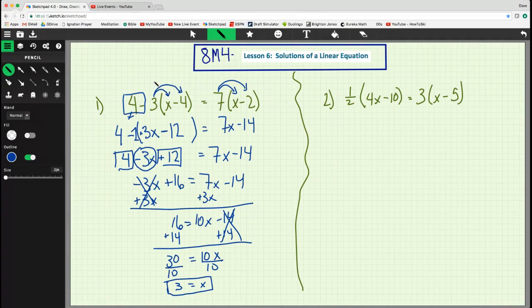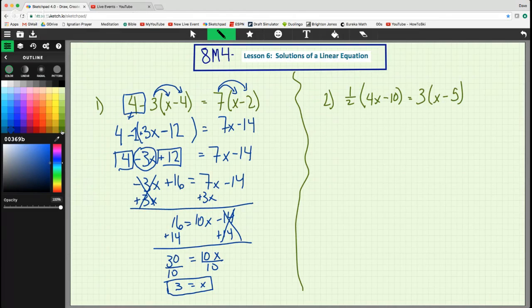Always a good practice is to check our answer. I'll do this in this color. So let's see if this works out here. I'm going to plug my x equals 3 back in here and see if I get the same thing as if I plug my x equals 3 back in over here. If I plug x is 3 in here, I get 7 times 3 minus 2, which is equal to 7 times 1. So that equals 7 on the right. Now the left, I have to get 7.